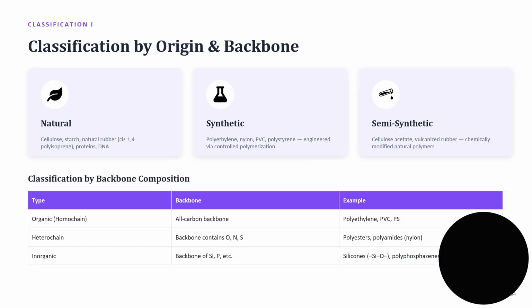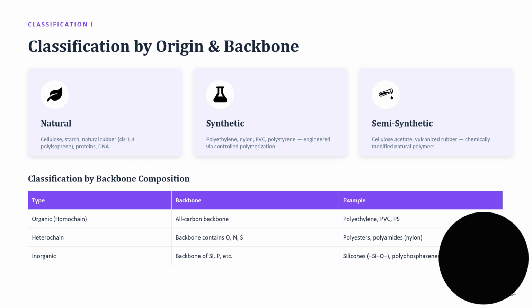Classification by origin. Now let's classify polymers, and there are multiple ways to slice this, so pay attention to which lens we are using each time. First, by origin. Natural polymers occur in living systems: cellulose, starch, natural rubber, which is cis-1,4-polyisoprene, proteins, and even DNA.